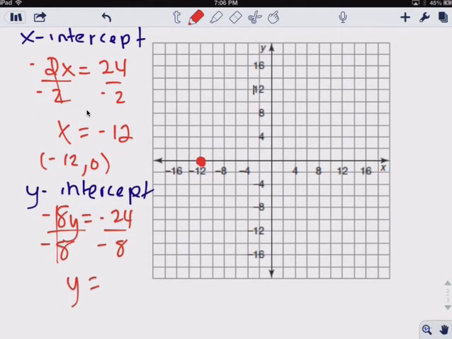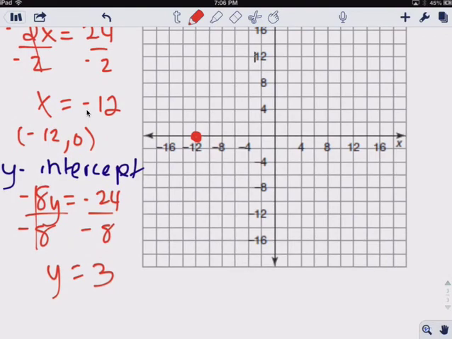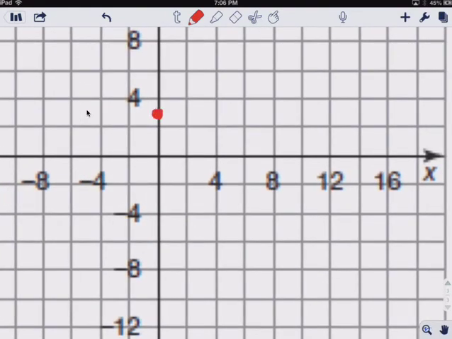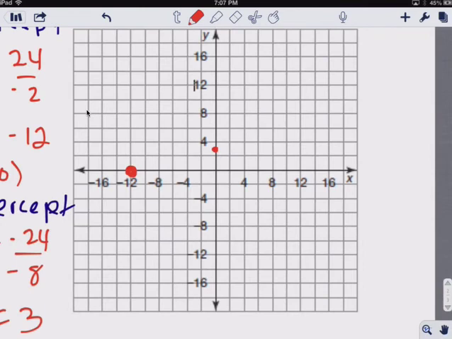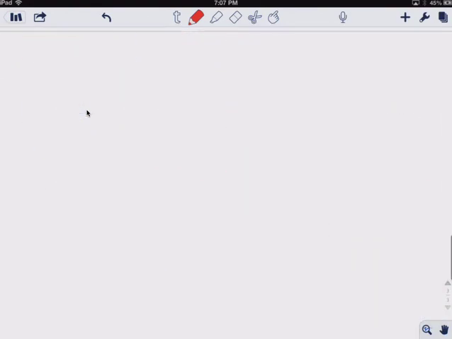Y equals a positive 3. So y positive 3 is up here. Right there. And they say find and graph. Well, there's our graph. Perfect. That's the easy one. That's it, right?